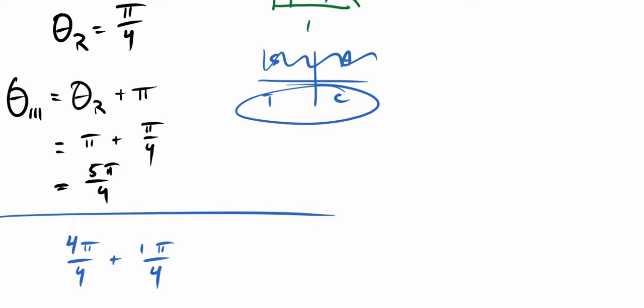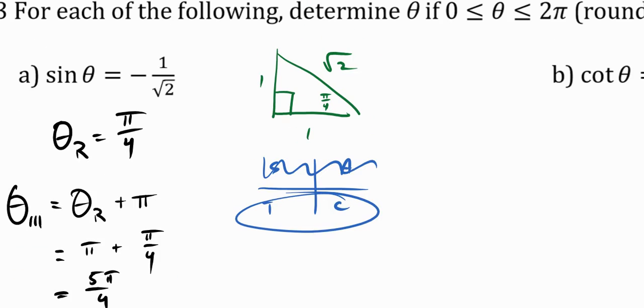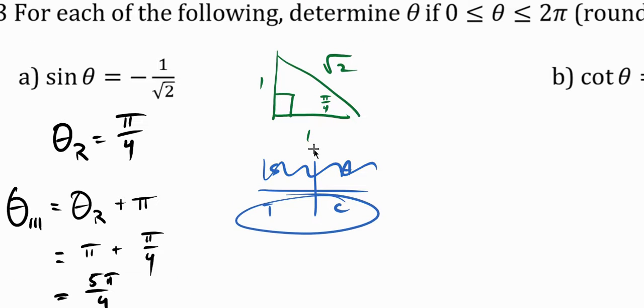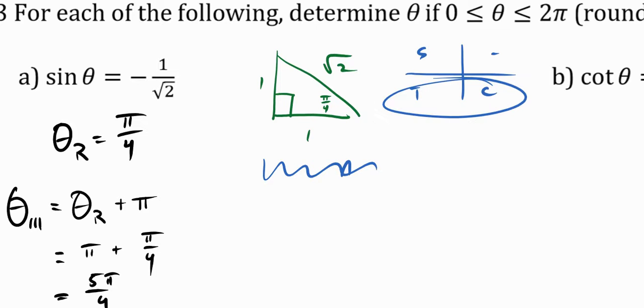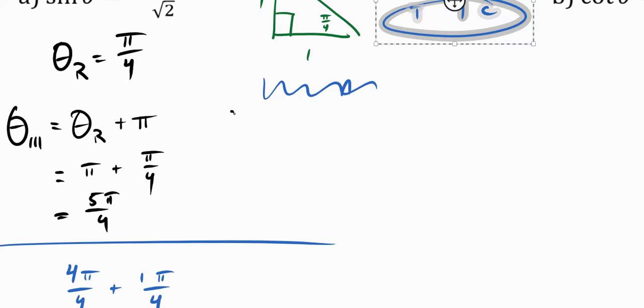Any question? Oh, that's only one of the answers. Ooh, almost missed that. So that's one of them. And the other one, move that up there. The other one is in the 4th quadrant.